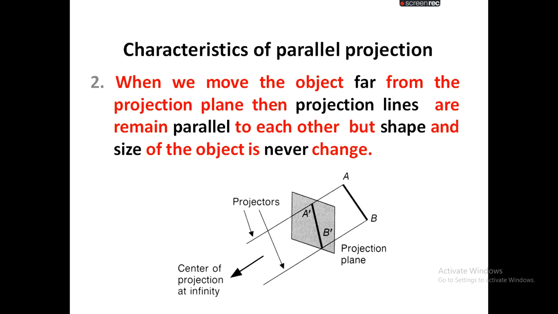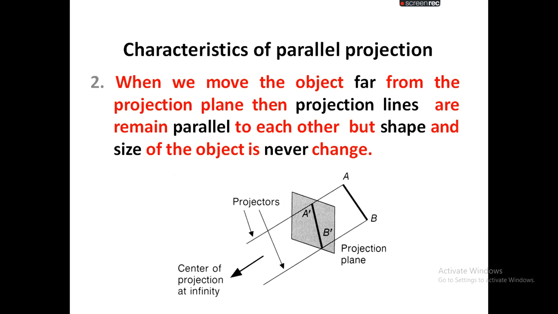What I am saying is, when you move the object an infinite distance from the projection plane, those projection lines always remain parallel to each other. When they are parallel, the shape and size of the object remain the same. It will never change.